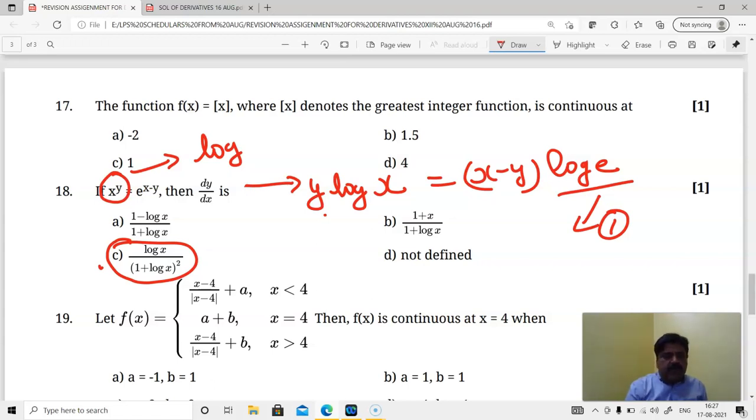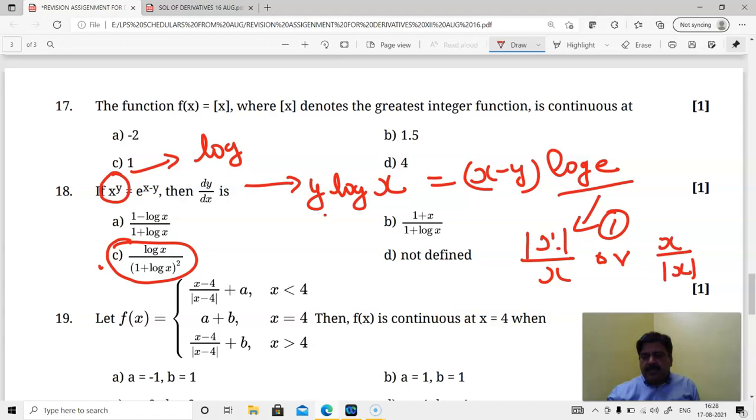Once we move on to question number 19, it gives us a hint that it is of the type x upon mod x. Obviously, here the limit, if you see in the NCERT, tends to 0.